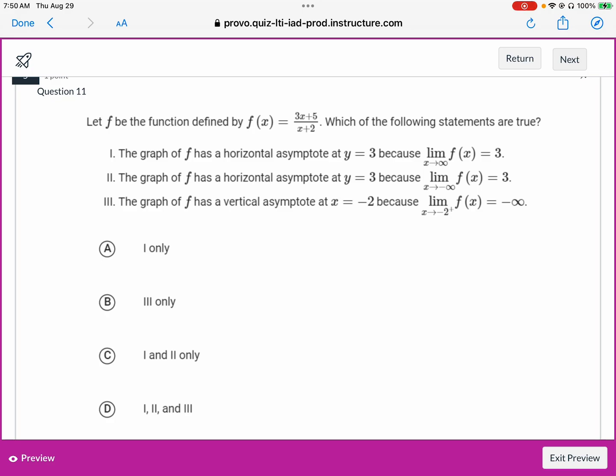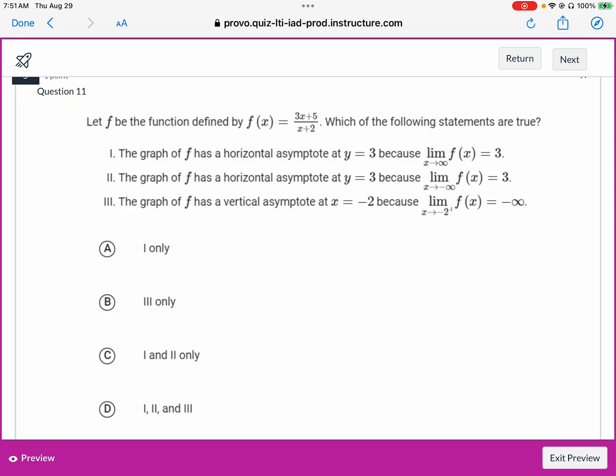It's 3x as the leading term on the numerator and x as the leading term on the denominator. So you just need the ratio of the coefficients of those, and that will tell you the horizontal asymptote there. Okay, and that would be honestly for positive and negative infinity as x approaches either direction.